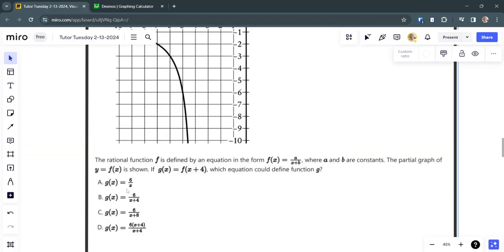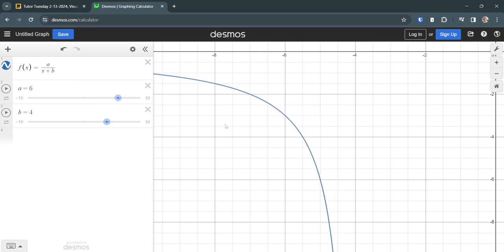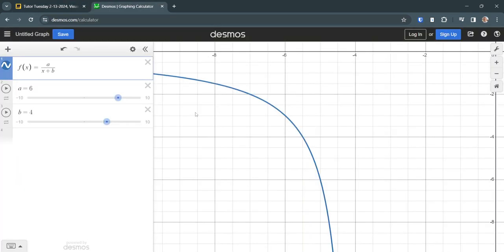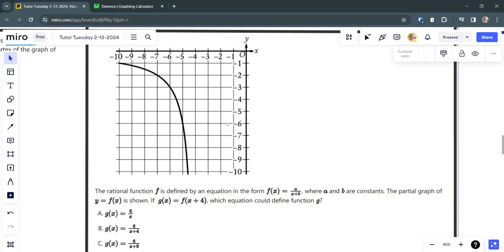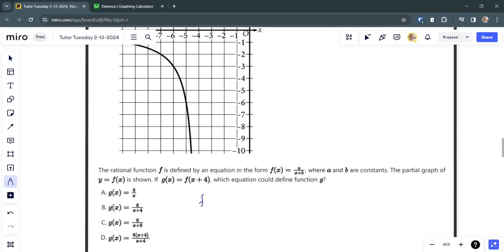Looking at some of the values here, it looks like their a value is usually 6 in that numerator, and the b value is 4 or 8. So I'm going to try 6 here. It looks like this is matching up pretty closely to what they gave us. And so the base function f of x could be something like 6 over x plus 4.